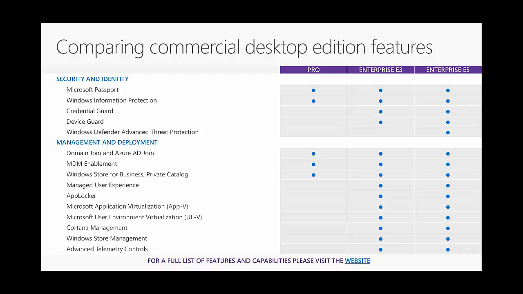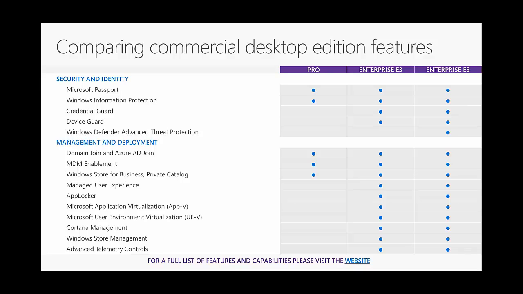And if you want AppLocker or application virtualization, which is App-V, and those types of things, you really have to move into the Enterprise platform to accomplish that. And also, if you want Windows Defender Advanced Threat Protection, you need to move into the Enterprise version.